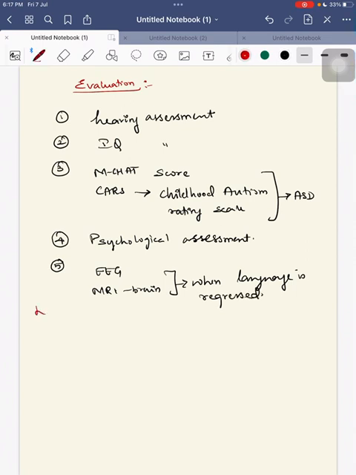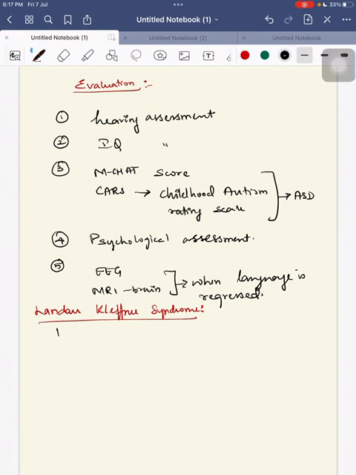We have another syndrome called Landau-Kleffner syndrome. In this, the child will present with language regression.